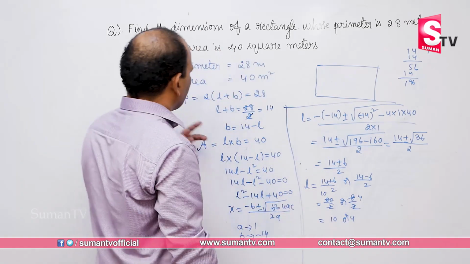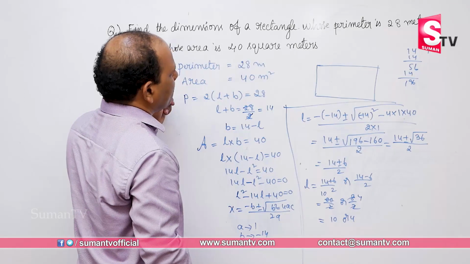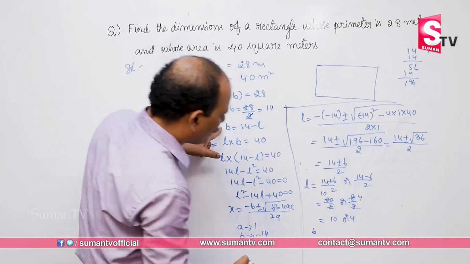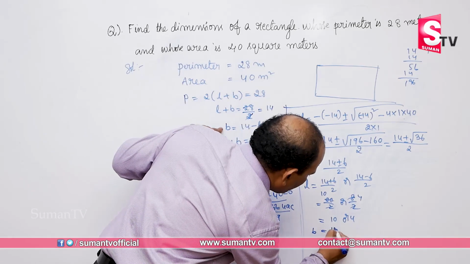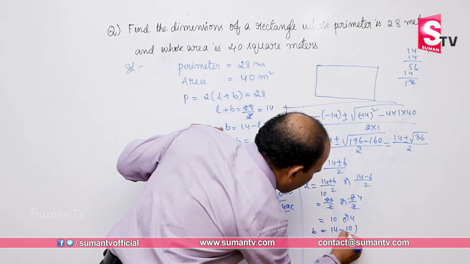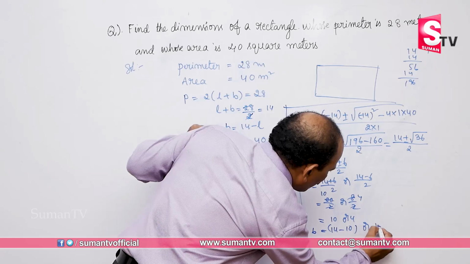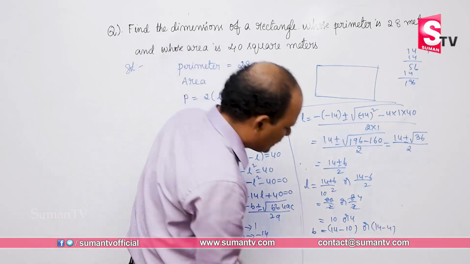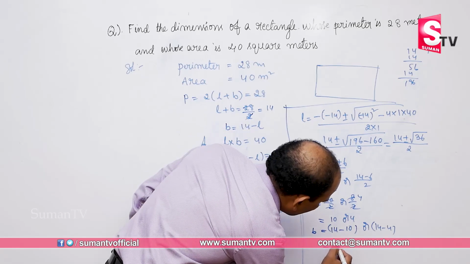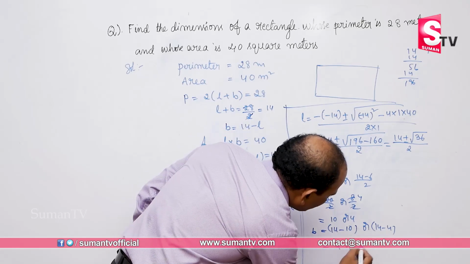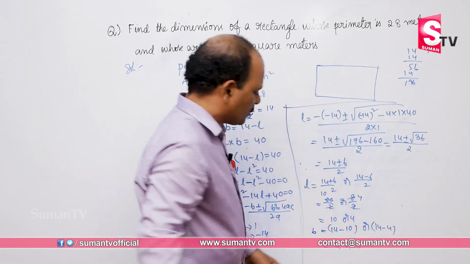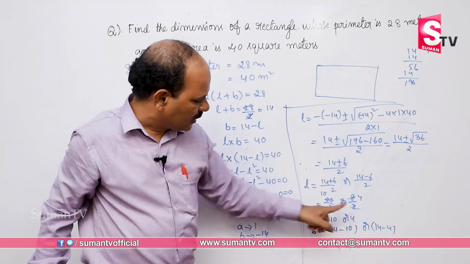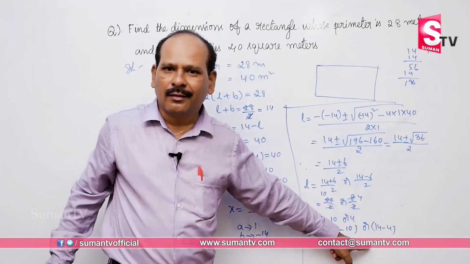Now B is equal to 14 minus L, so 14 minus 10 or 14 minus 4. 14 minus 10 is equal to 4. 14 minus 4 is equal to 10. So if L is 10 or 4, then breadth will become 4 or 10.